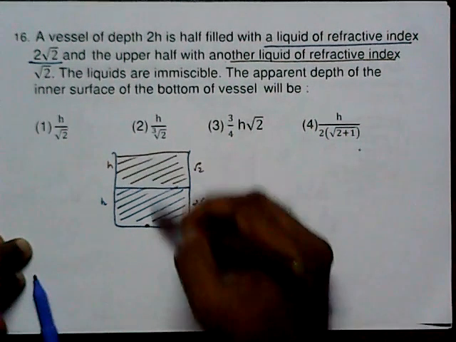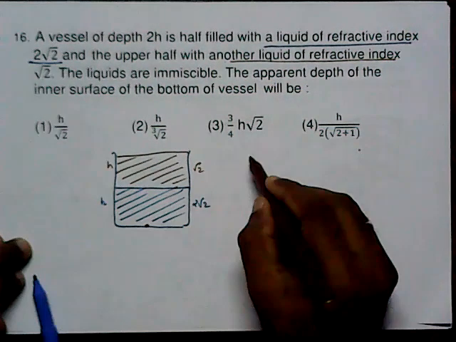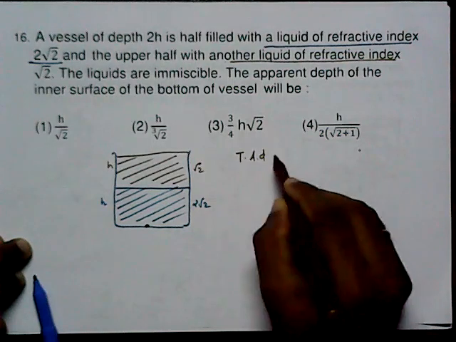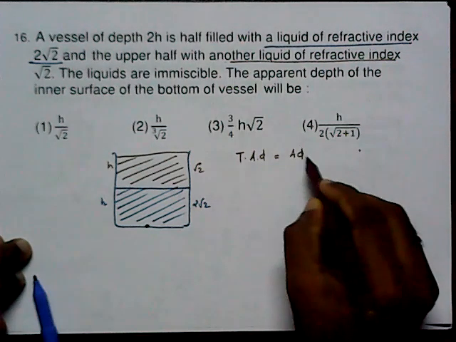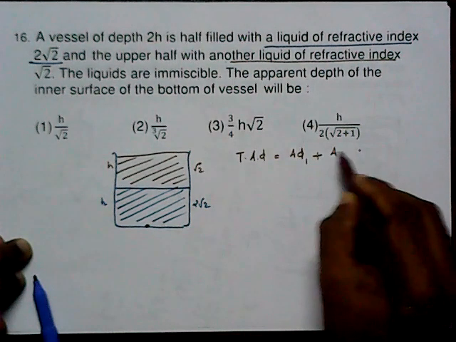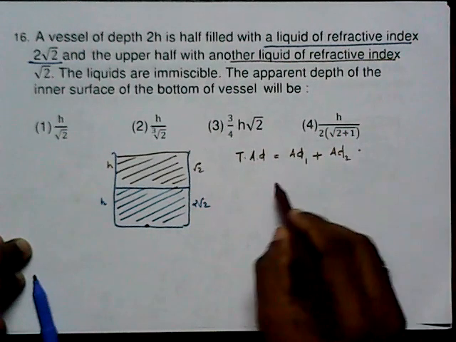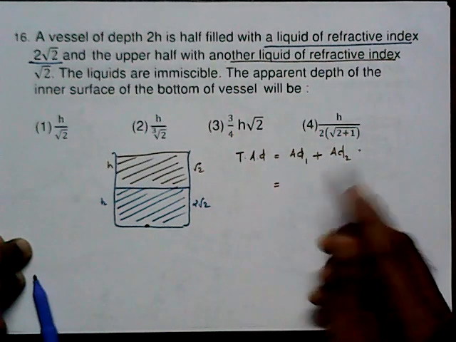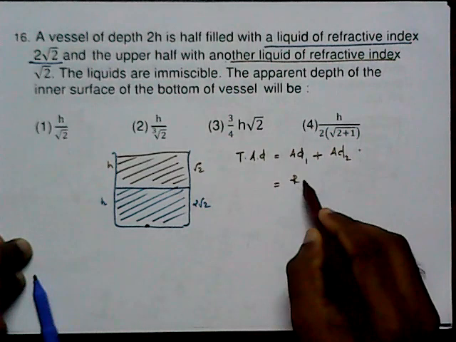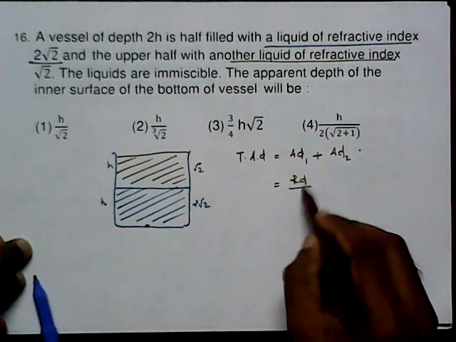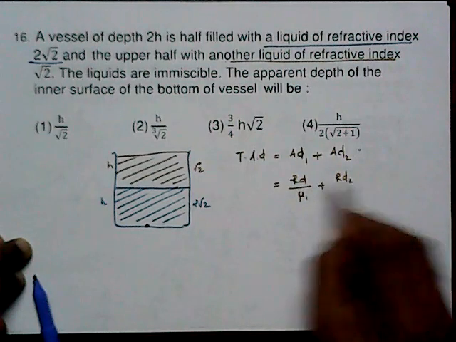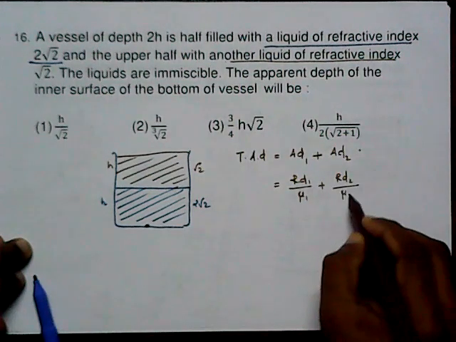Because of the two liquids together, the total apparent depth, that is a very important concept, is equal to the apparent depth contribution because of the one liquid plus the other. So when the observer is in a rarer medium, we can simply say the real depth divided by the refractive index of the first medium, plus the real depth divided by the refractive index of the second medium.